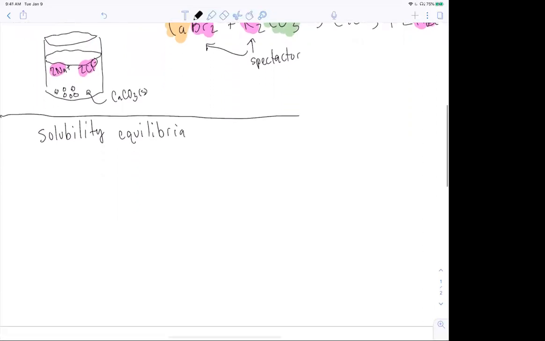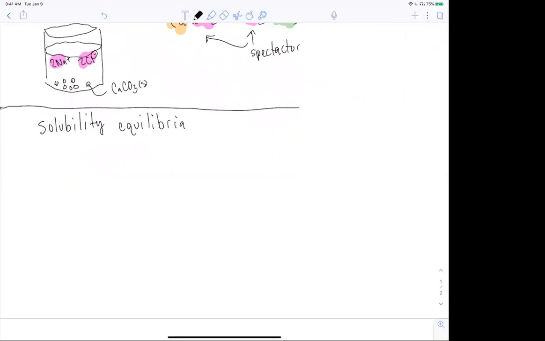So let's think about this again. If you're trying to make a solution of something, this is something you maybe have done at least once, let's just say you're taking salt and you're dissolving it in water.